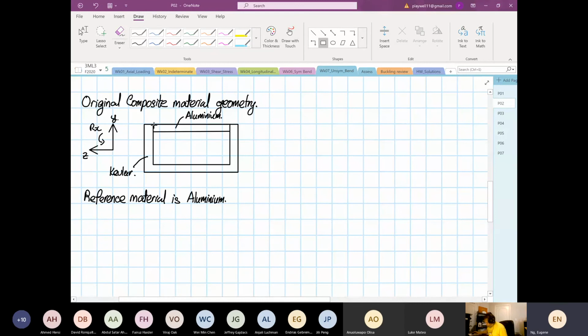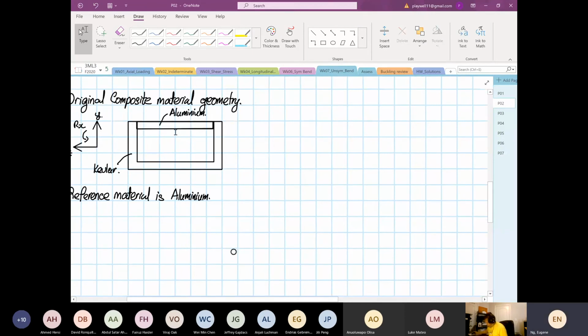You guys already know that the aluminum did not change in size. So the aluminum is the same. You can see down here, the aluminum did not change in size.